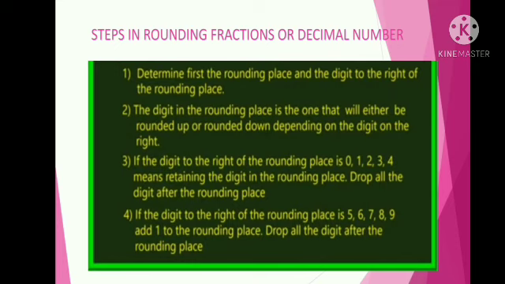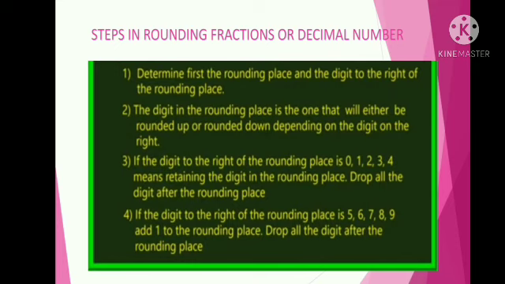Next, if the digit to the right of the rounding place is 0, 1, 2, 3, or 4, retain the digit in the rounding place. Drop all the digits after the rounding place.